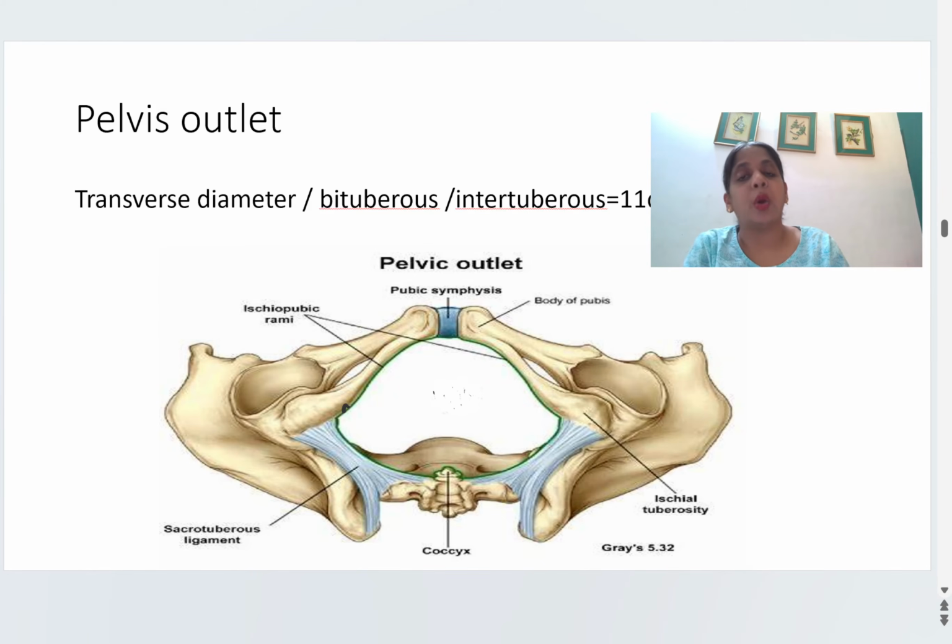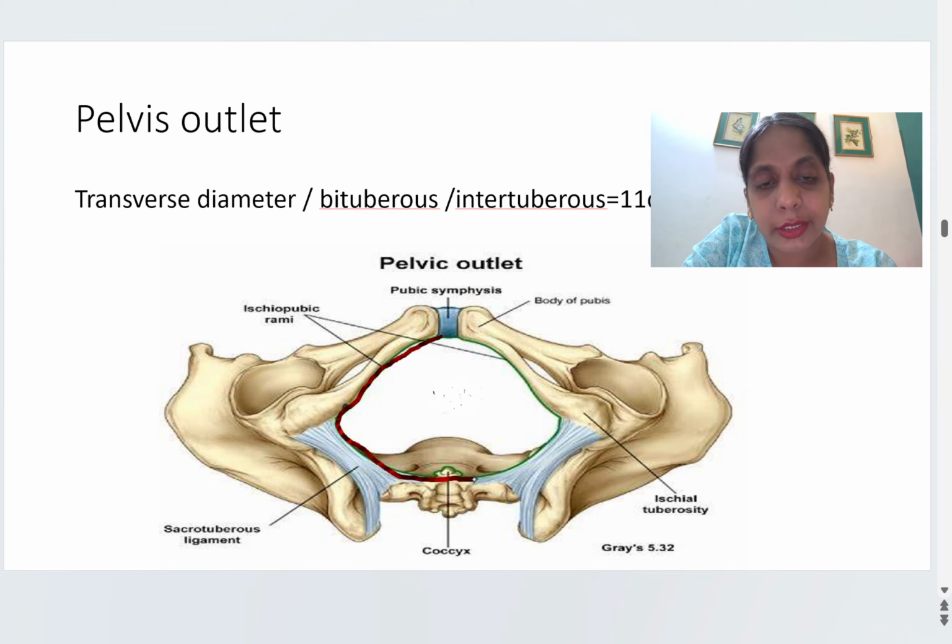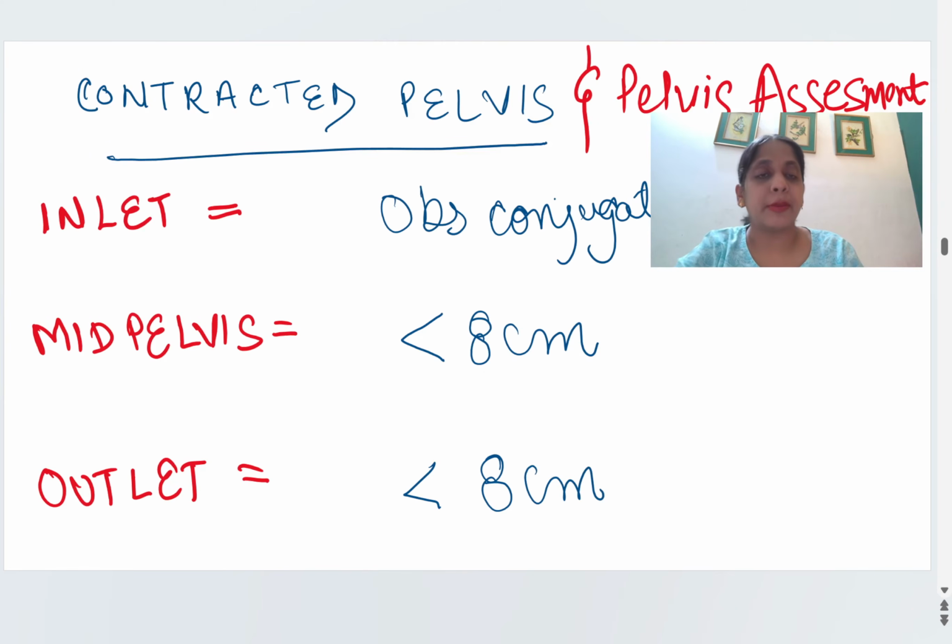Now let's go to the outlet. So this is the outlet. We are seeing the pelvis from downwards. See, pubic symphysis, ischiopubic rami, sacrotuberous ligament, coccyx, again sacrotuberous ligament, and again ischiopubic rami. So this is the outlet, and here the transverse diameter is important.